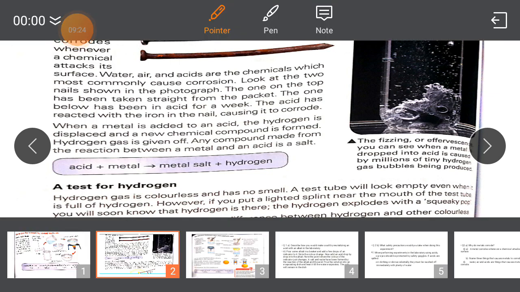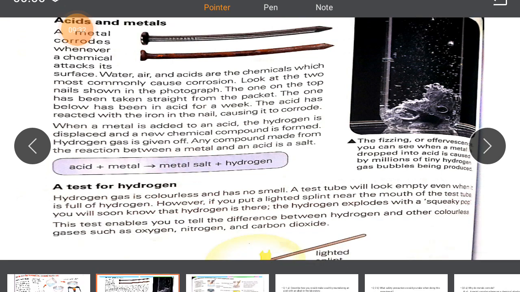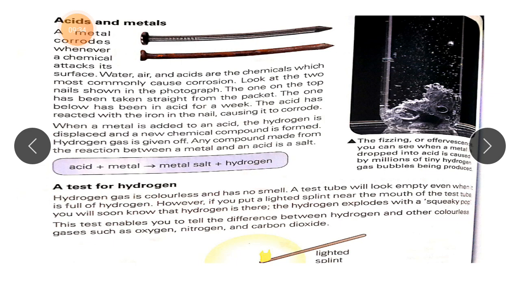What happens, students? Here a displacement reaction takes place, and as a result we get two products. The first one is a metal salt and the other one is hydrogen. Here you can see these bubbles showing hydrogen gas. Now this iron has corroded just because of this reaction, and this was a pure iron nail.